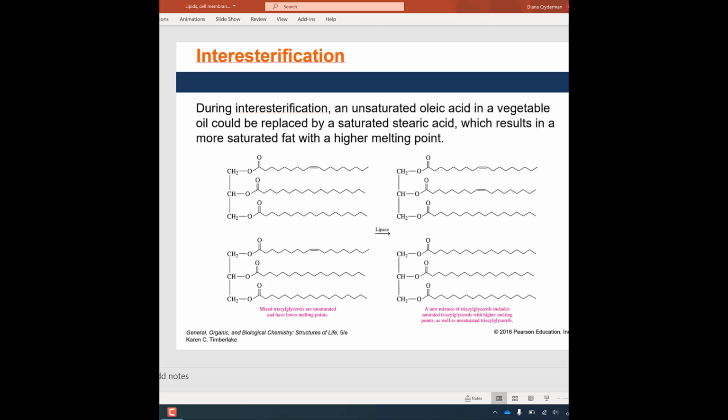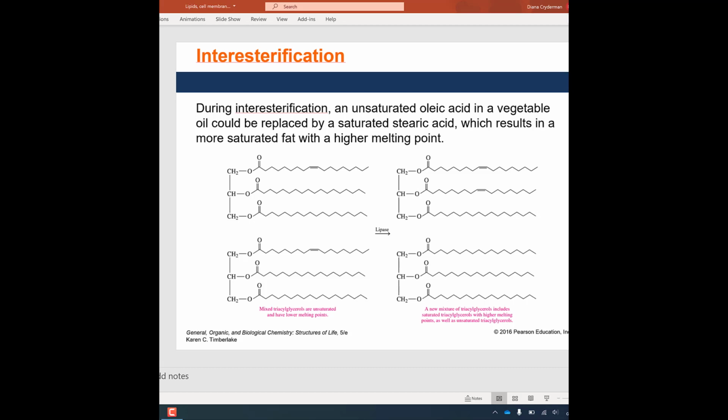And so if we move forward, what we're looking at then is during this interesterification, an unsaturated oleic acid in a vegetable oil. So unsaturated, remember, has some sort of double bond in it, could be replaced by a saturated stearic acid. So we can just replace the whole acid.